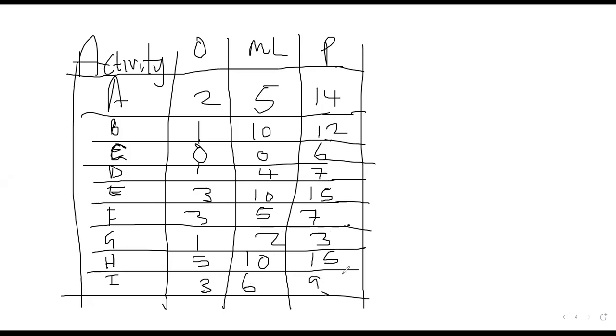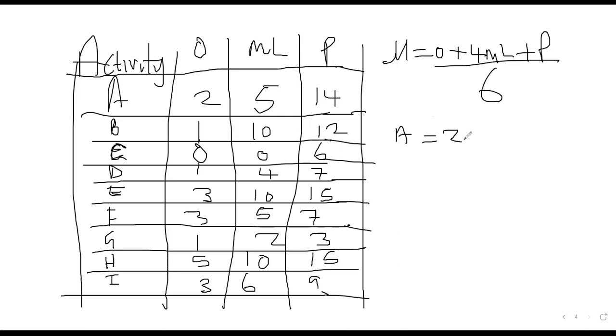All right. So this is where we are now finding the expected time for each activity, which is O plus 4M plus P over 6. So when you go for A, it will be optimistic time is 2 plus 4 on 5, then plus 14 from the diagram there over 6.